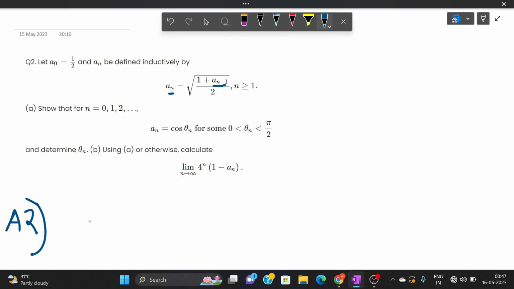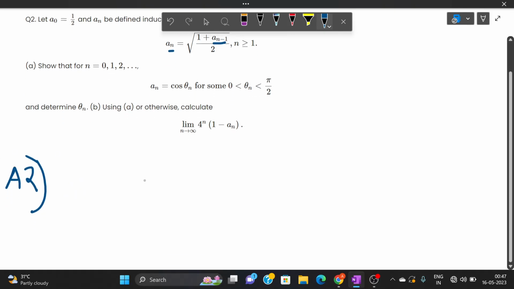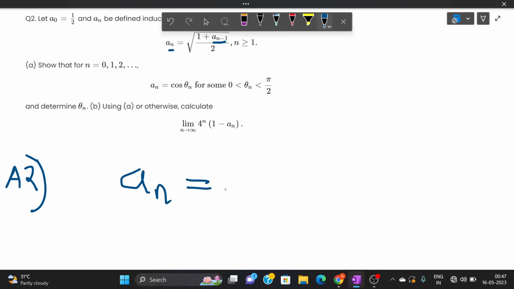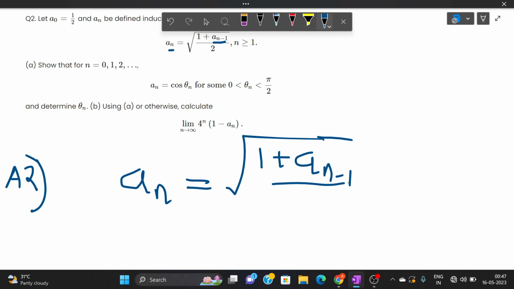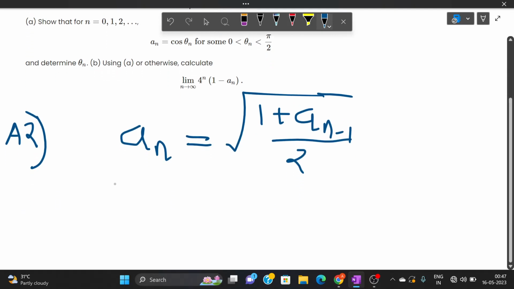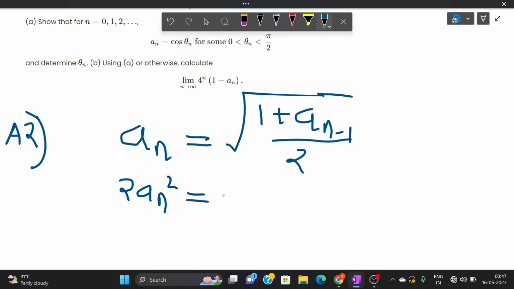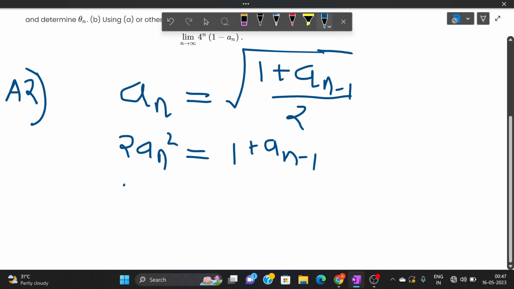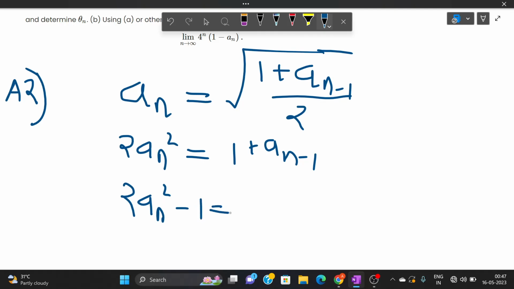Let's discuss this problem. We begin with the equation a n equal to under root of 1 plus a n minus 1 by 2. Now we take square on both sides. So we get 2 times a n square equal to 1 plus a n minus 1. So I have 2 a n square minus 1 is equal to a n minus 1.